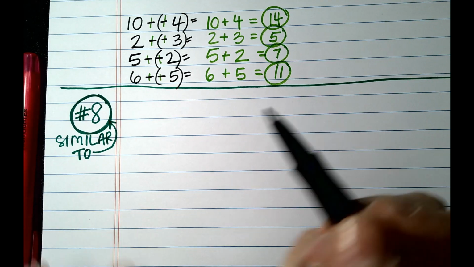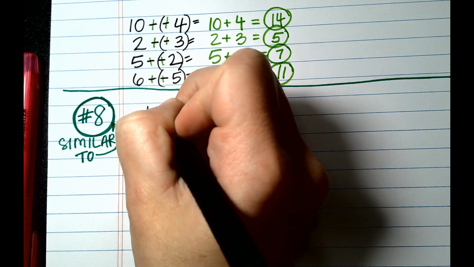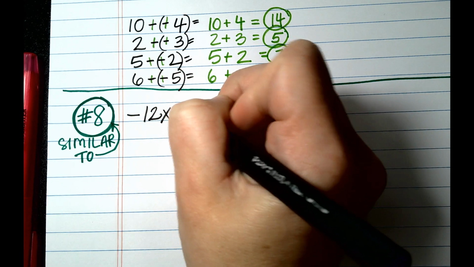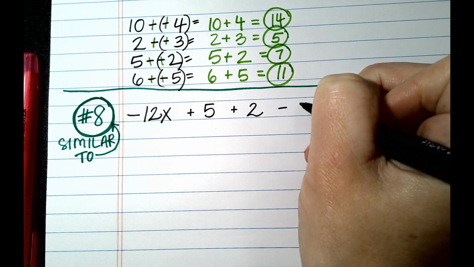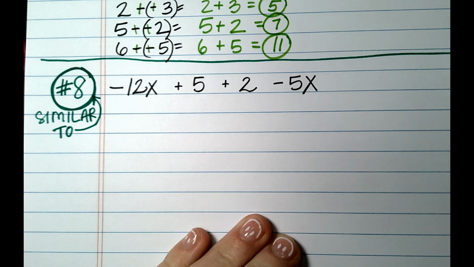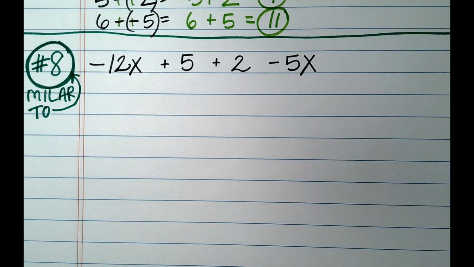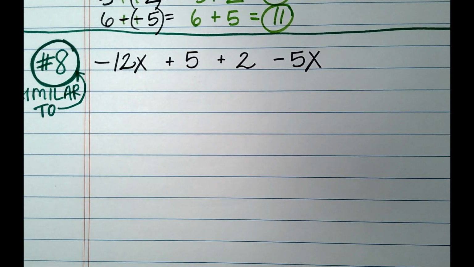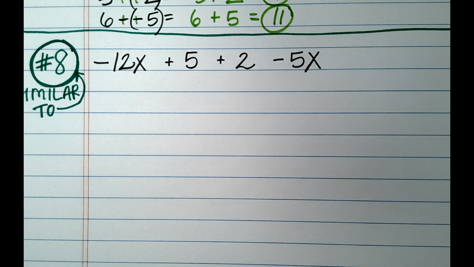So how about 5 negative, similar to that one. And just like the directions say, and like the little note I told you to write on the side, we're only adding or subtracting. We're not doing any multiplication. We're combining like terms.